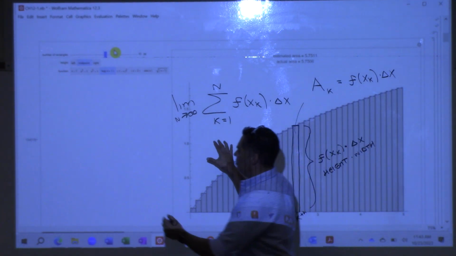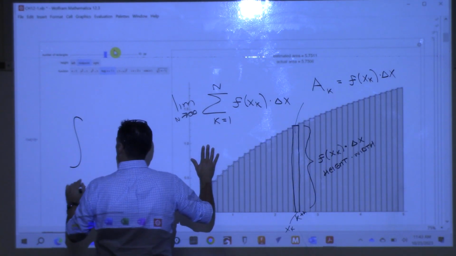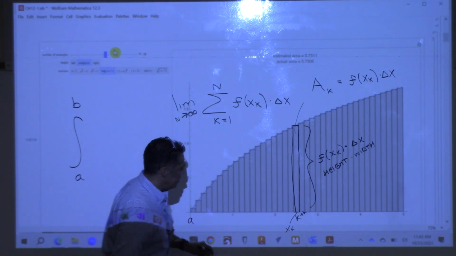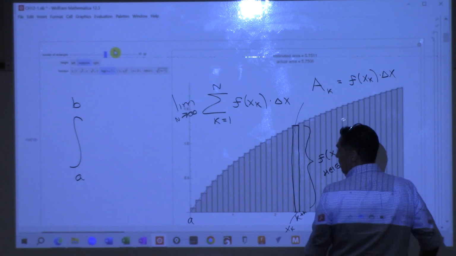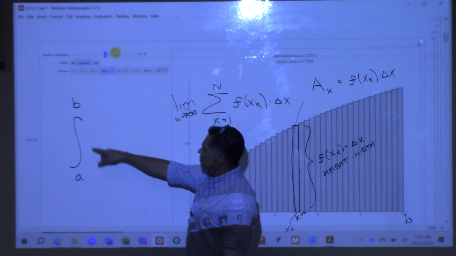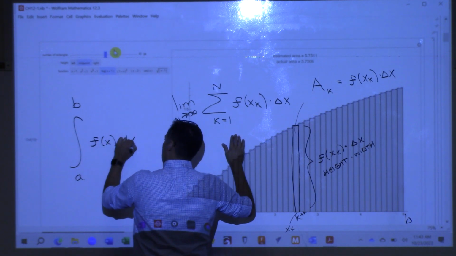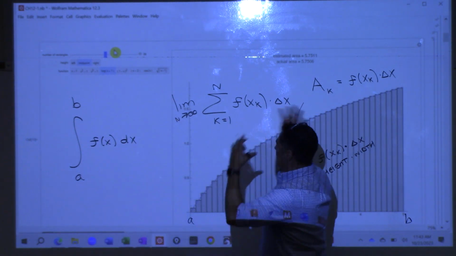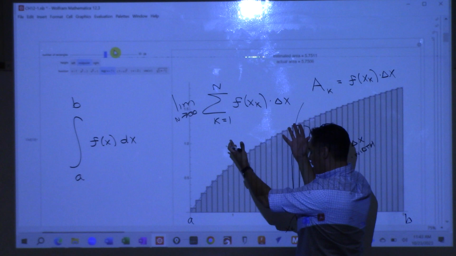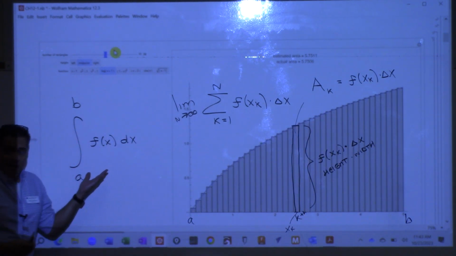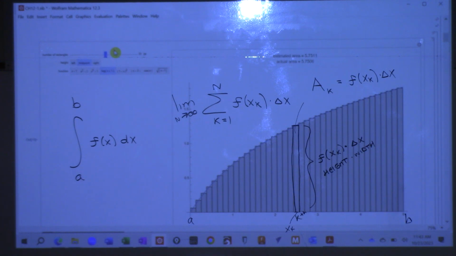The integral sign from a to b, right? So let's say this left endpoint's a, this right endpoint's b. The integral from a to b of f of x dx is the way we represent this idea. So when you look at this in this class, the way that you should see it is you're adding up an infinite number of things.